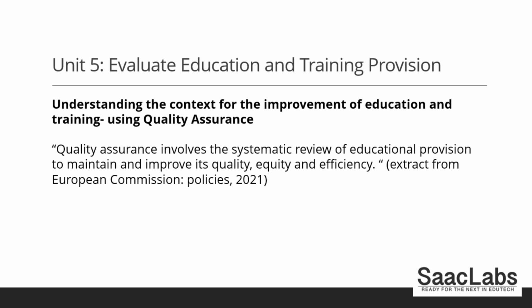So when it comes to quality assurance, we are not only looking into improving quality, but also equity and efficiency. When it comes to equity, that means that everyone has access to the training provision, and efficiency means that we are efficient as practitioners.